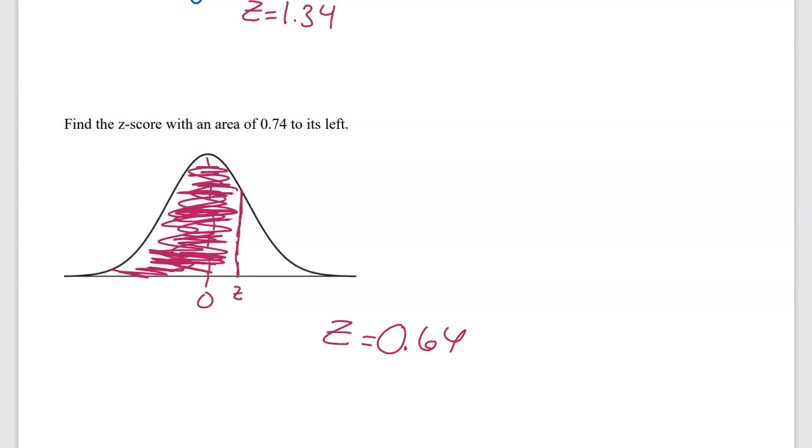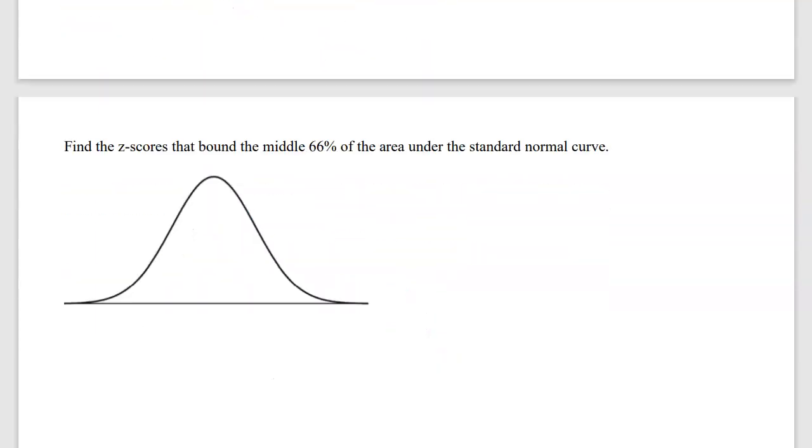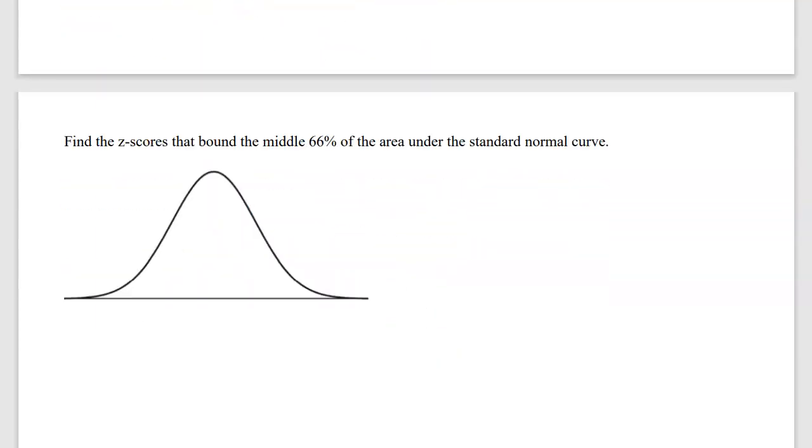One of the harder ones to determine is probably the ones with the middle. When we're talking about the middle 66, or the middle 88, the middle 90, okay? When we're talking about the middle part, that means that we have the same amount left on the left and right.